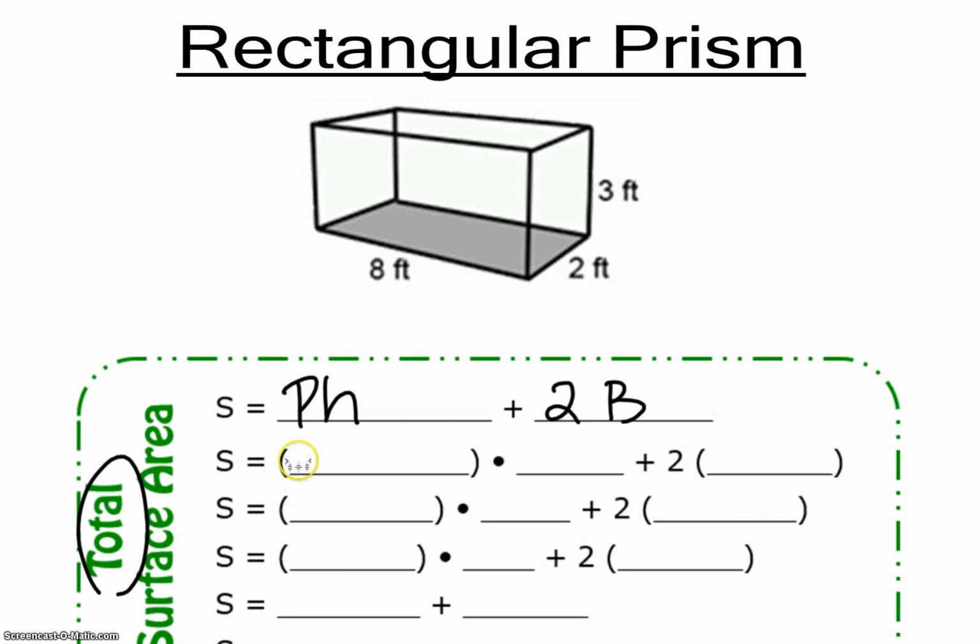So, S equals perimeter of base times height plus 2 times area of base.